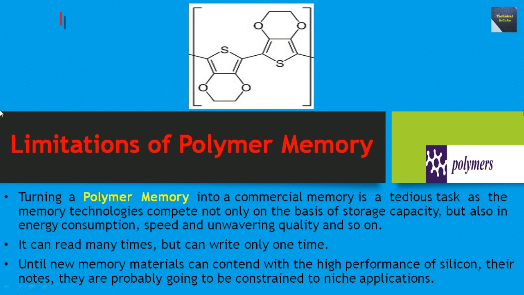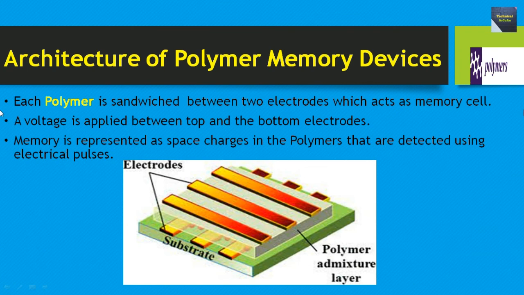It can be read many times but can be written only one time. Until new memory materials can compete with the high performance of silicon nodes, they are probably going to be constrained to niche applications.